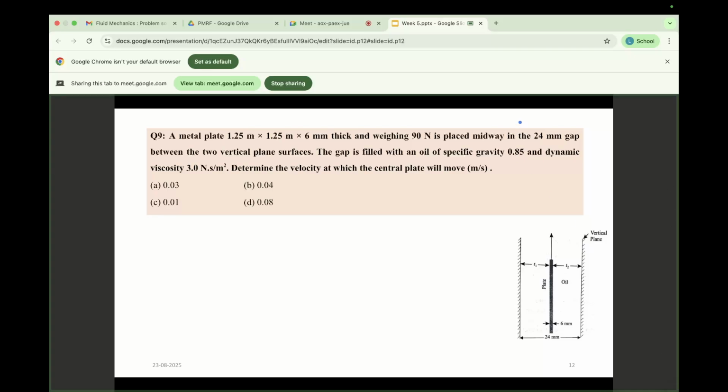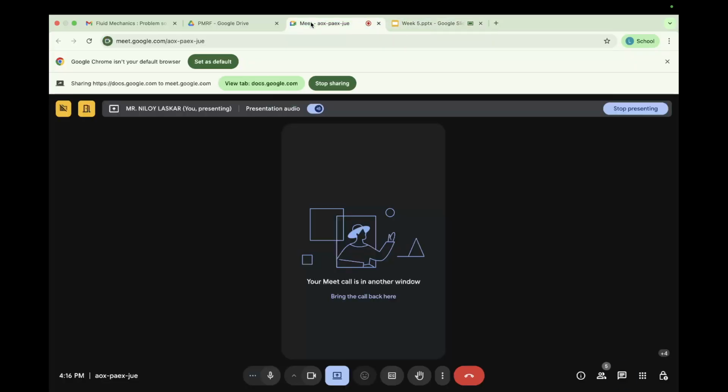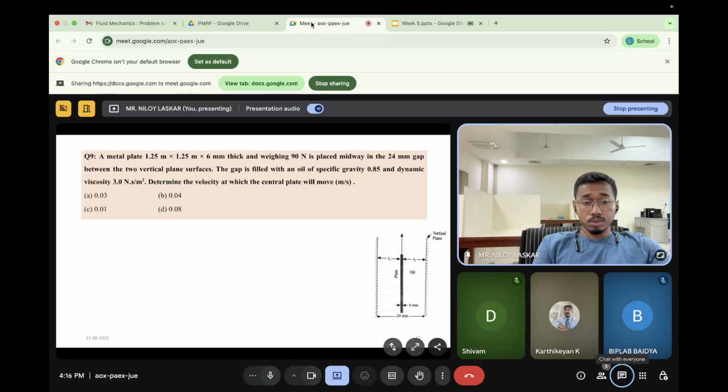So it's another interesting question. I'm giving you 2 minute time to check how much you understand this concept or not.